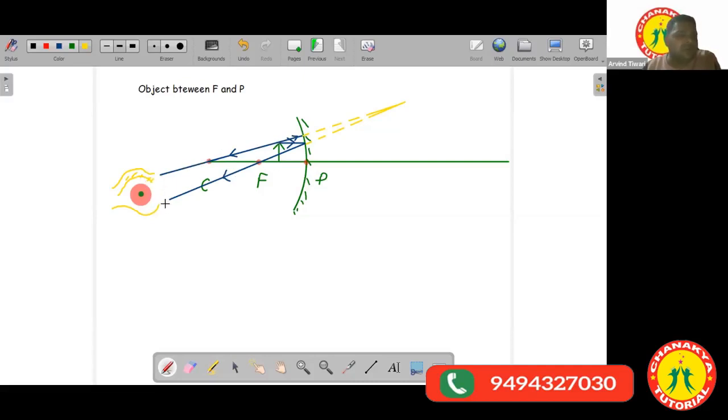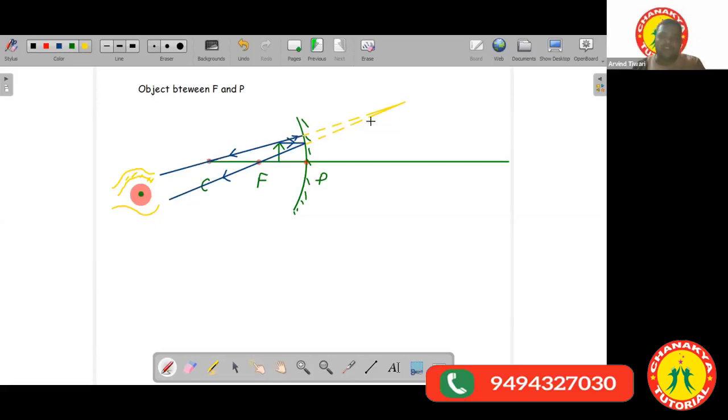Now here we observe that the two light rays are diverging. The two reflected rays are diverging, so they cannot meet at any point. Okay, so they can't meet at any point. But if two light rays are coming to our eyes, something like this, our eyes will observe them to be coming from a common point.